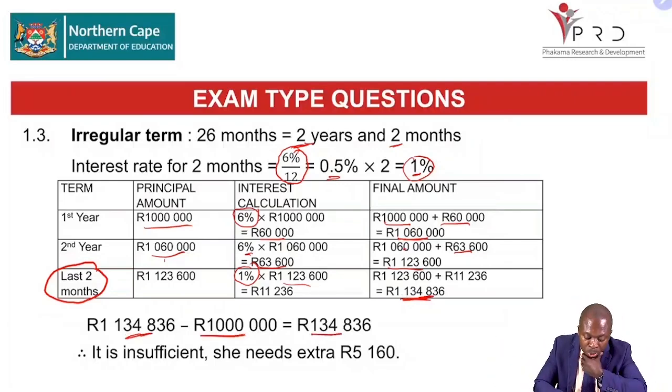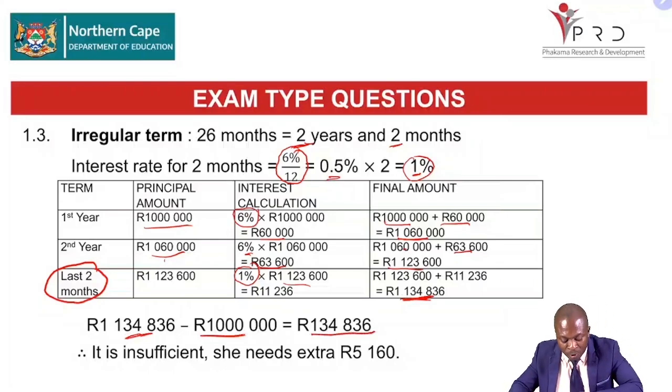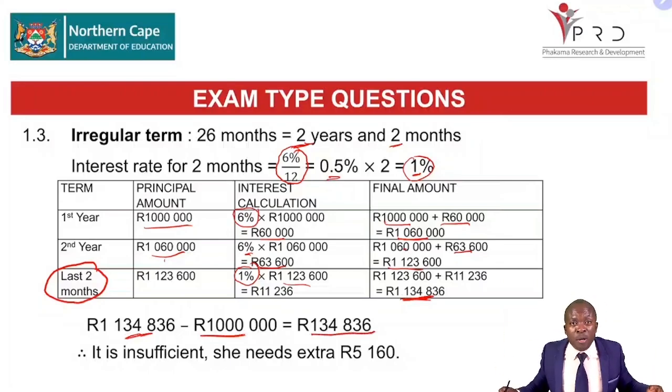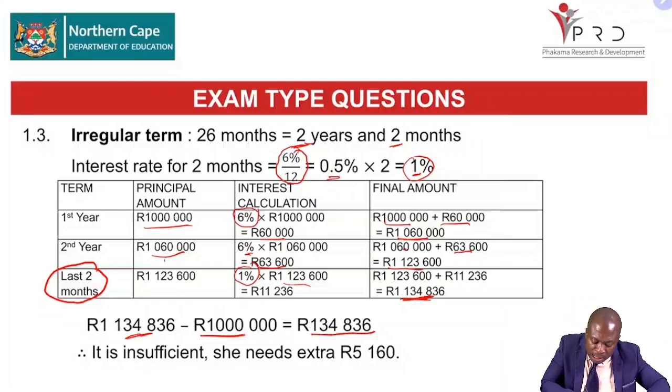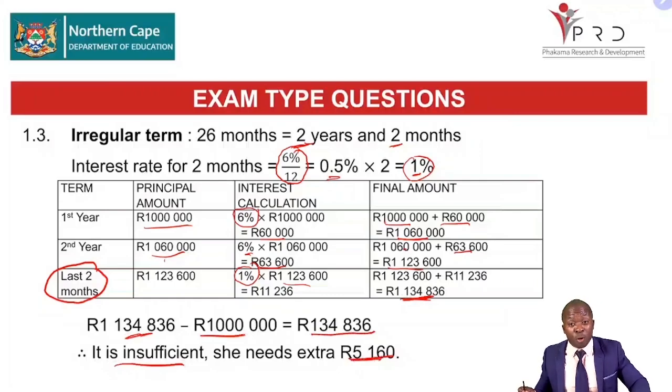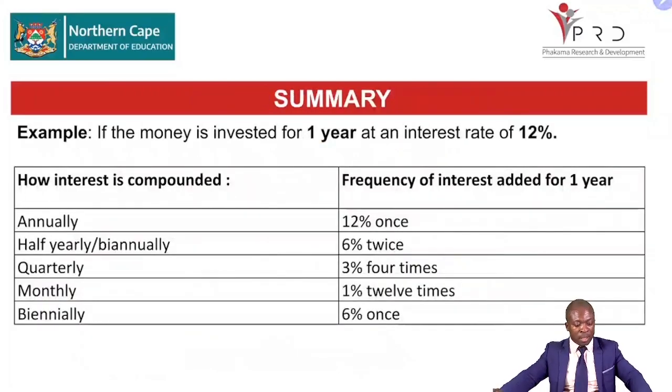Oh, so we are going to be having 134,836. Is the money enough for the trip or not? No, it's not. It is insufficient. It's still going to be short of money because the person wanted 140,000.